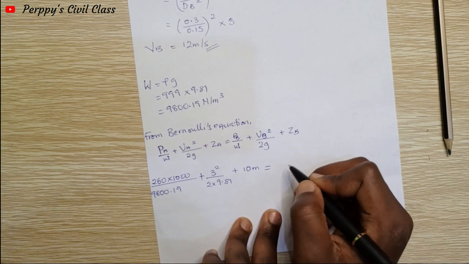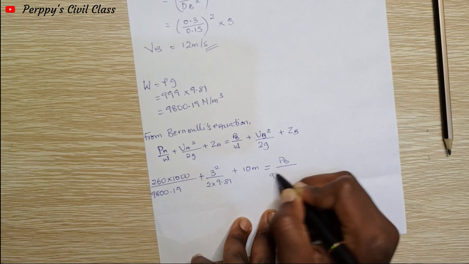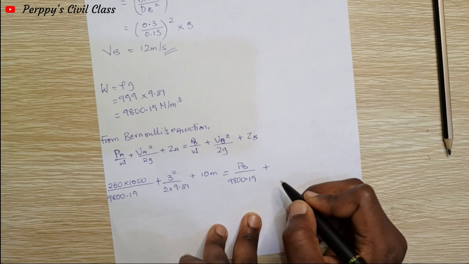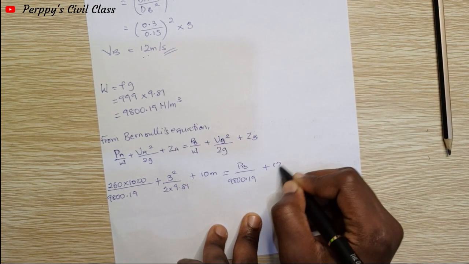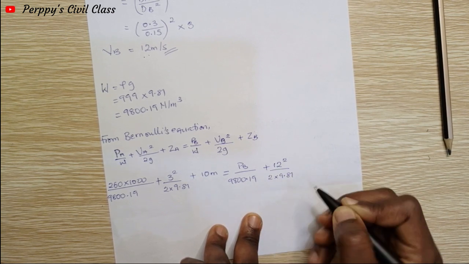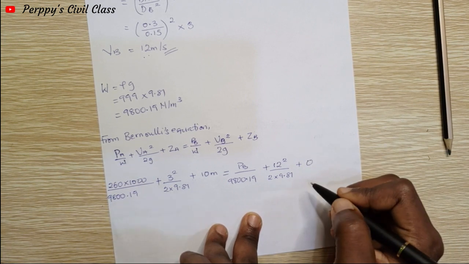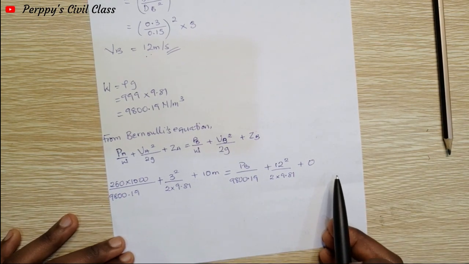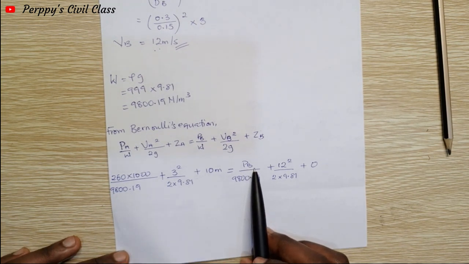We don't know PB; that is what we are yet to find. PB divided by the weight 9800.19, plus velocity at B, 12 meters per second, so 12 squared over 2 times 9.81, plus elevation at B, which was given as 0. We sum up all this, then we make PB the subject, then we get our final answer for PB.